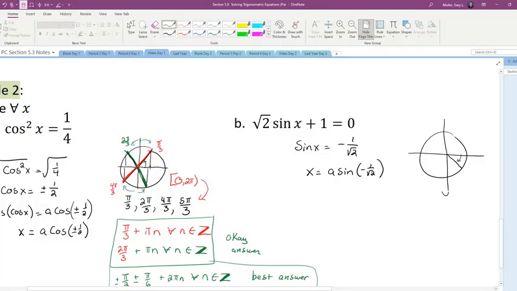But this angle over here, as crappy as my circle is drawn, would also have the same sine. And so if we're going to look around the circle from 0 to 2 pi, one answer would be all the way to here, which would be 5 pi over 4. So the answer would be 5 pi over 4 and 7 pi over 4.